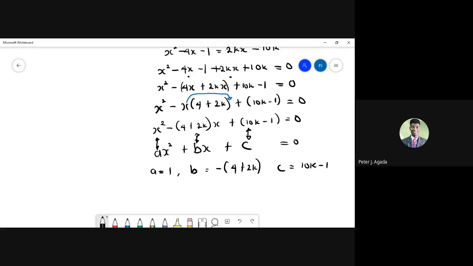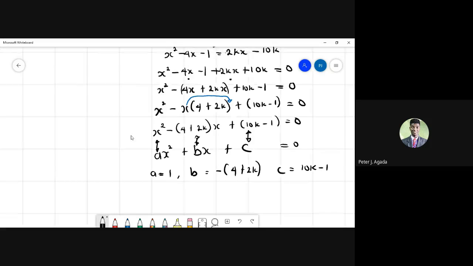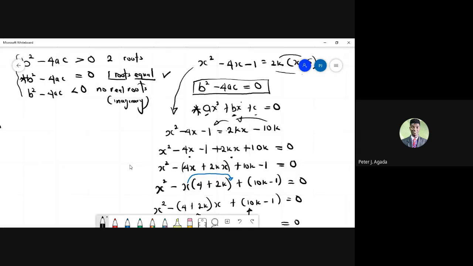So all of this now falls into, remember my previous conditions, that the roots are equal. What condition do we look at? I'll just drag this equation down so we can look at the condition. Our condition here, remember, I'll use a different color, is b squared minus 4ac is equal to 0. Those values that we have obtained now are what we're going to use inside of this equation.